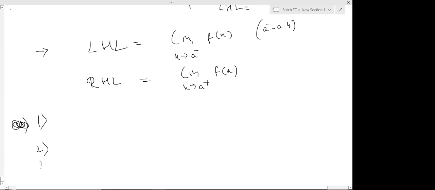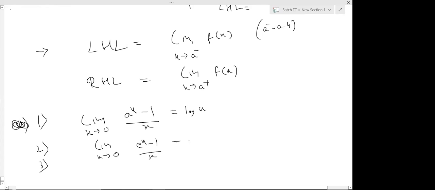A few more formulas are there. Limit x tending to 0, a to the power x minus 1 upon x is log a, and if you change this to e to the power x, then this becomes 1. Then limit x tending to 0, log 1 plus x upon x is 1.